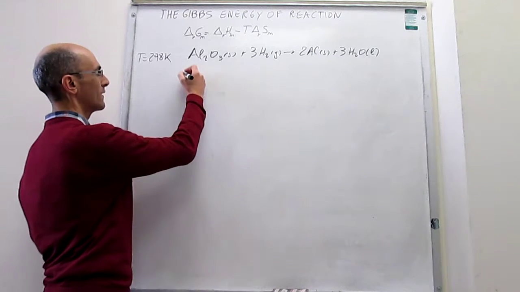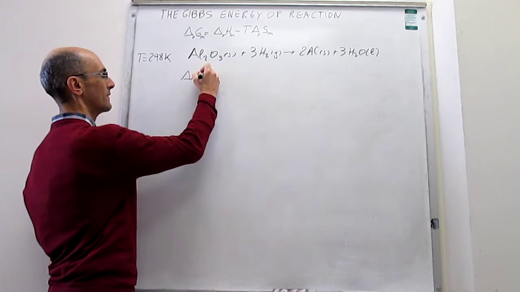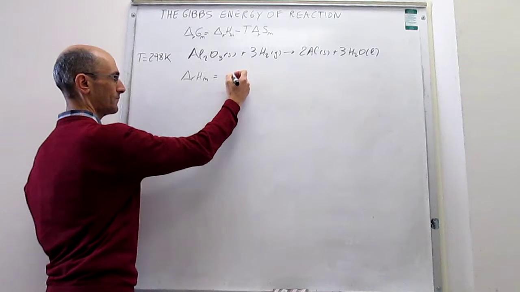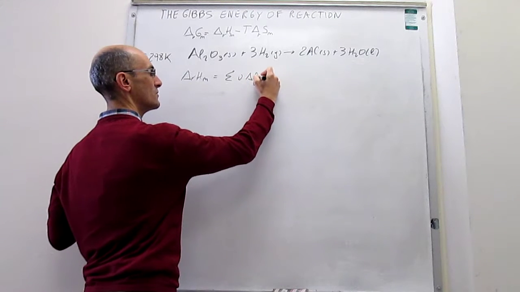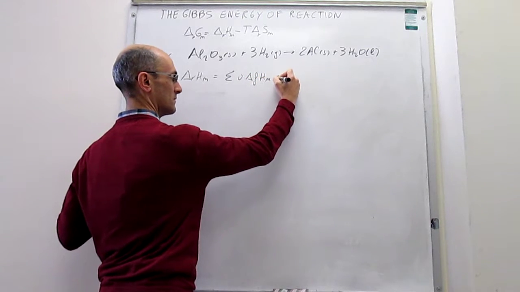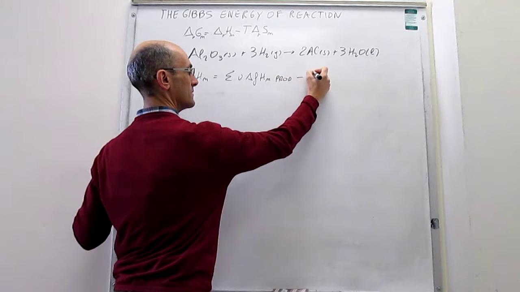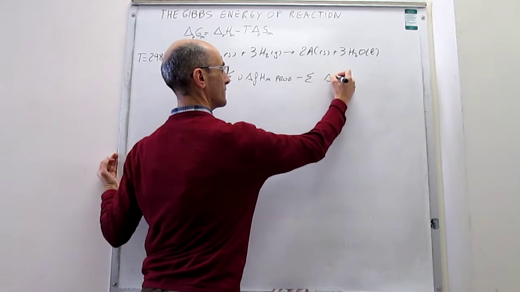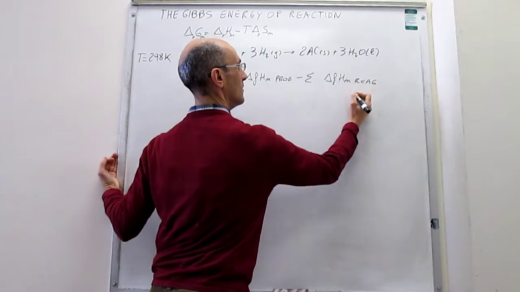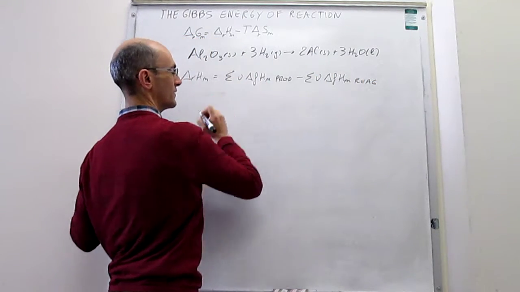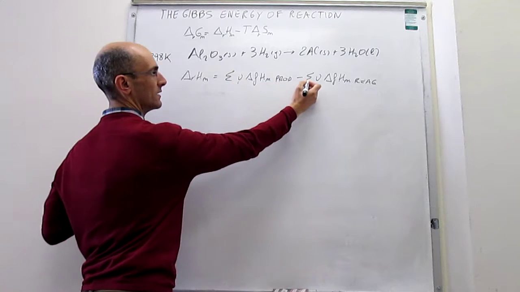Let's start with the enthalpy. The change in enthalpy in the reaction would simply be the sum of the enthalpies of formation of products minus the sum of the enthalpy of formation of reagents, multiplied by the appropriate stoichiometric coefficients. That's what these nus are.